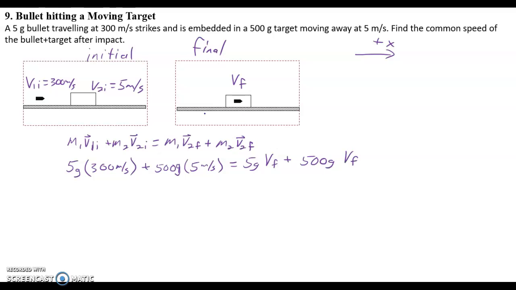So I've substituted VF in for this value and this value. So now I get 1500 gram meters per second plus 2500 gram meters per second equals 505 grams times VF. This becomes 4,000 gram meters per second.